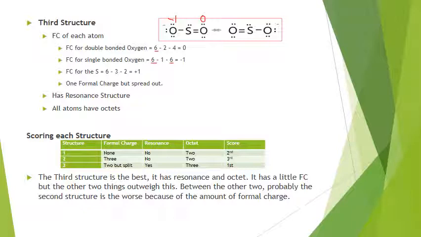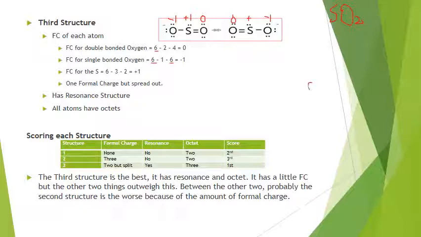And the sulfur has 6 valence electrons, 3 dashes and 2 dots, for +1. One of the things about formal charges is that the sum of the formal charges has to equal the charge on the molecule. Sulfur dioxide has no charge, therefore -1 plus +1 plus 0 is 0. So that's a check. And over here, this would be 0 plus 1 minus 1.